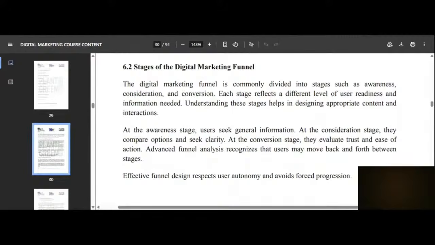During the awareness stage, the users seek general information. At the consideration stage, they compare options and seek clarity. And at the conversion stage, they evaluate trust and ease of action. Advanced funnel analysis recognizes that users may move back and forth between different stages.